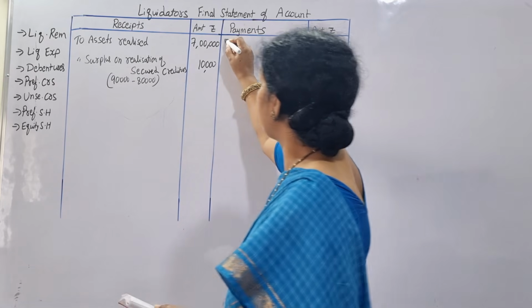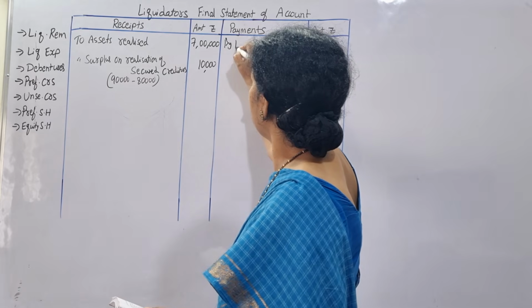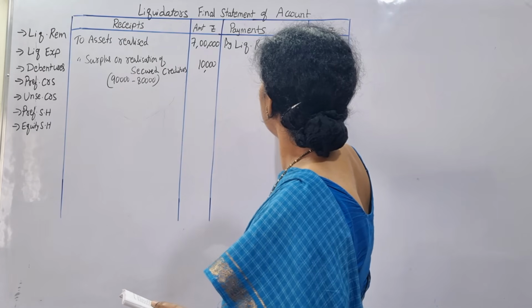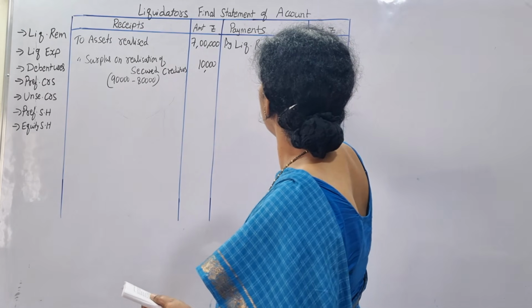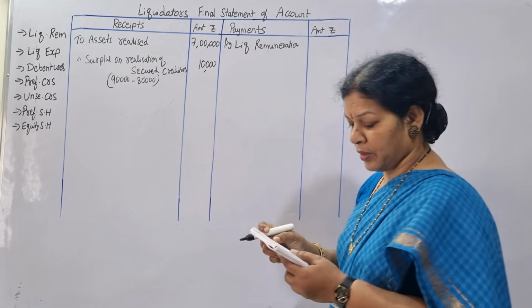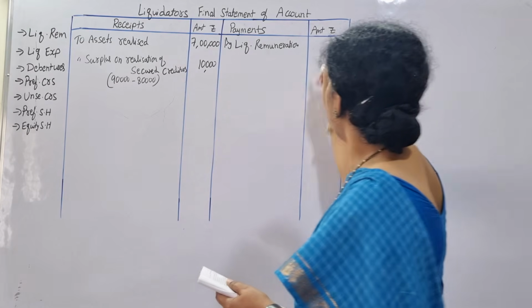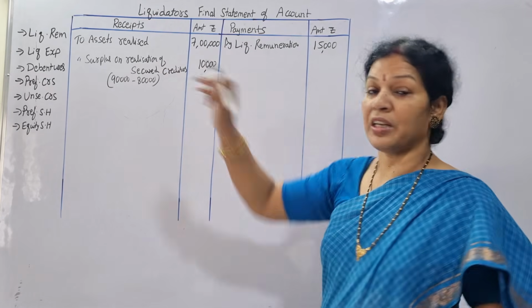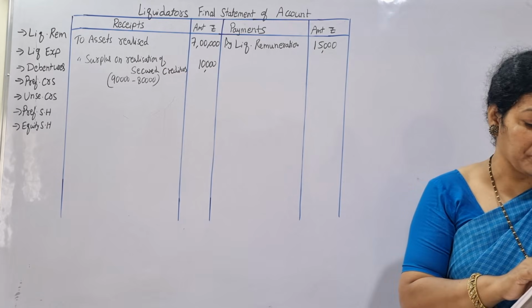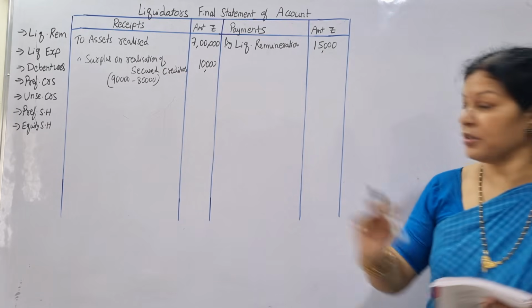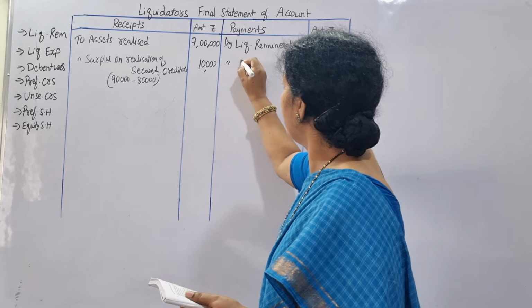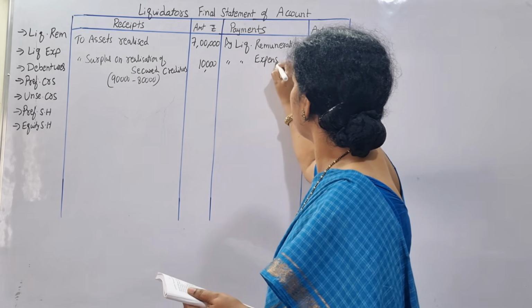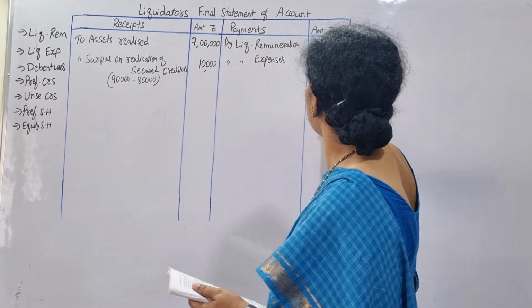So, by liquidator's remuneration, 15,000. Then after that, liquidation expenses. Liquidation expenses here are 10,000. By liquidation expenses, 10,000.